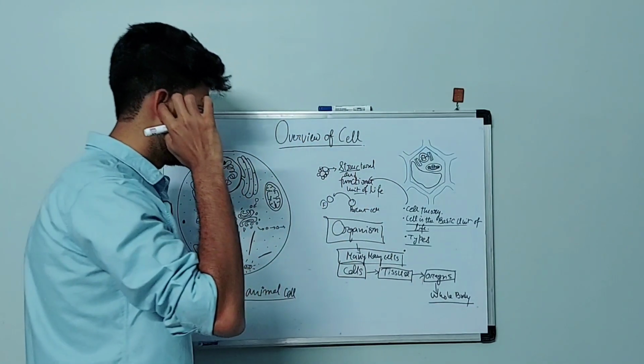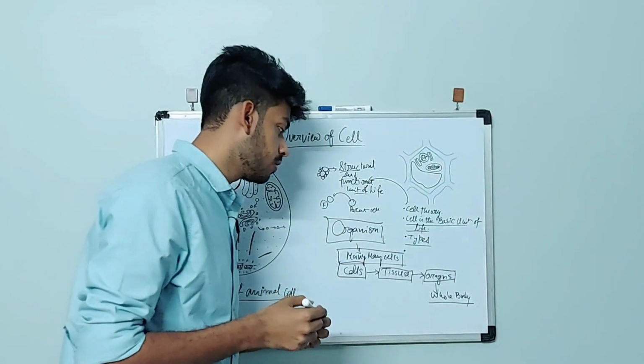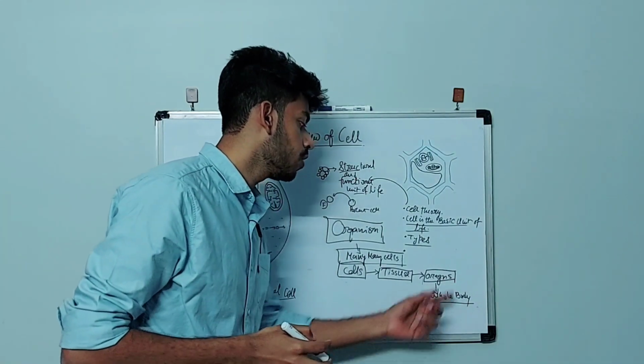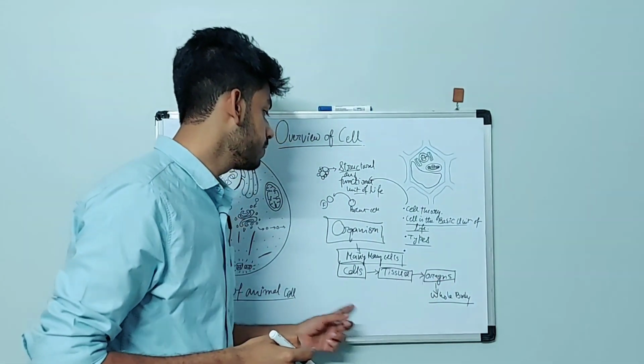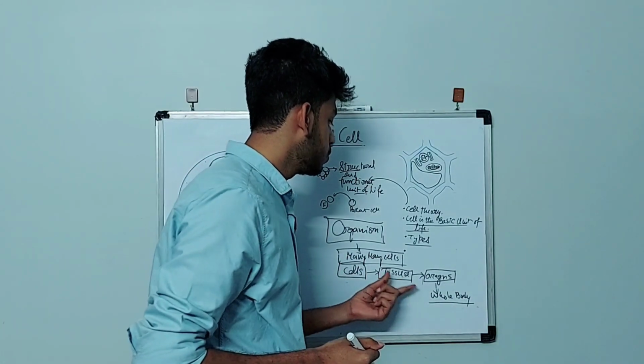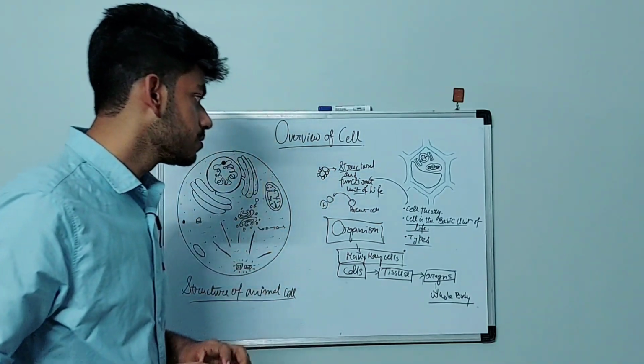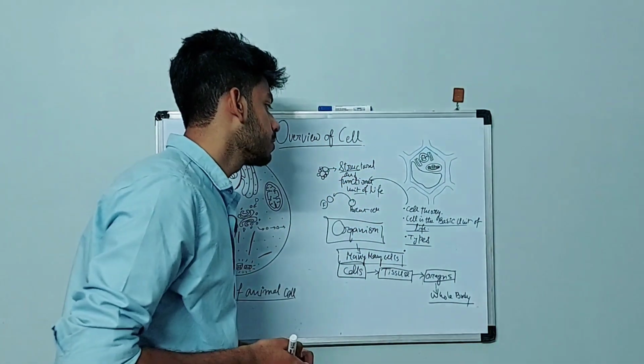So the idea is that the cell is the basic unit of life. Yes, it is the basic unit of life because the whole body of the organism is made up of many cells which have converted into tissues, and the tissues have converted into various organs. So this is the introductory part of cells.